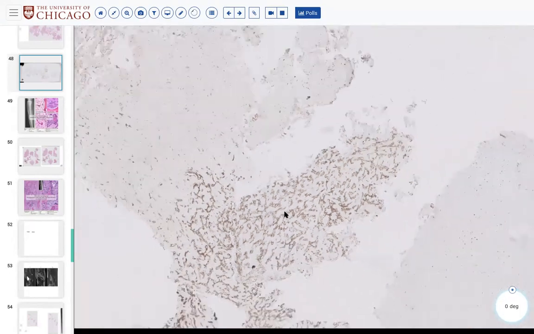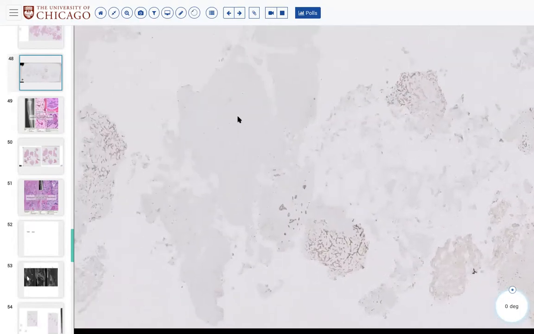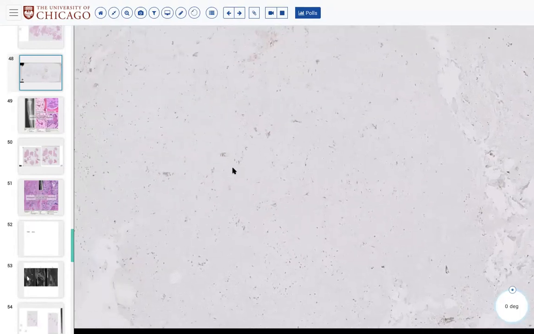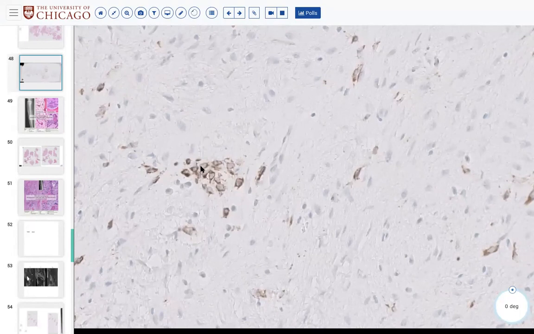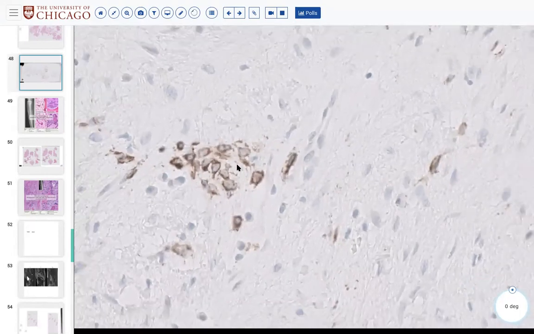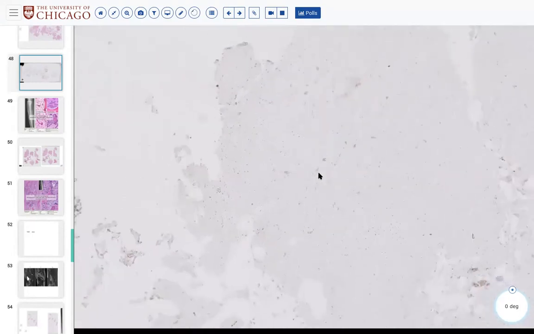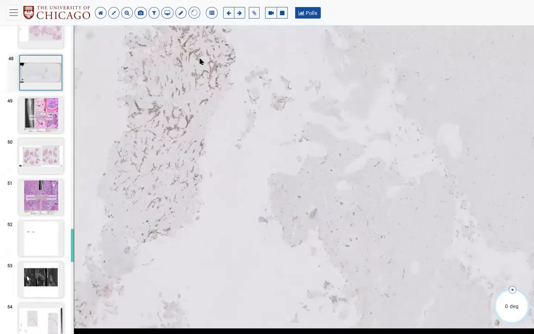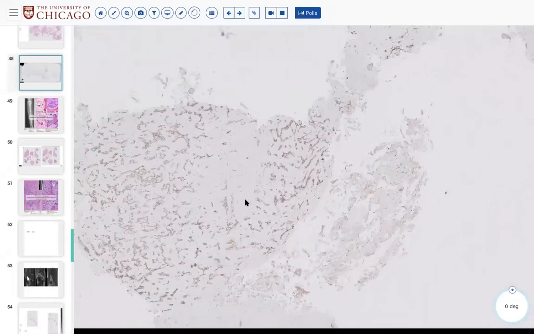Even in the areas that were predominantly fibroblastic, you can see there are little nests of cells hiding that we did not see on H&E, that are highlighting with the keratin. And so I would urge you in all cases of this differential diagnosis to throw on a keratin.